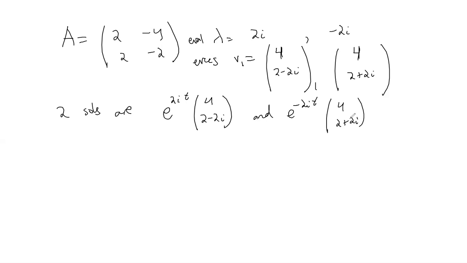Okay, so one could say that this is the answer, that these are two solutions, but oftentimes it's nice to write these as real valued solutions because usually we're solving differential equations for a real physical system. The easiest one being a mass on a spring, in which case these solutions are supposed to give you displacements from equilibrium.